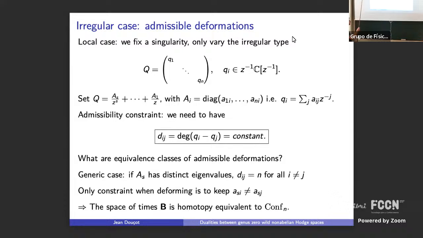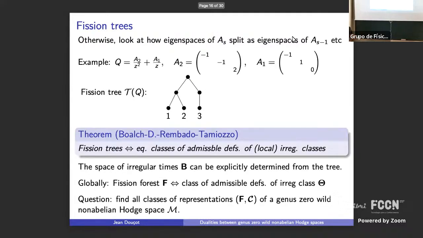Then the only constraint is that the coefficients of highest order have to remain distinct. I move them, but they can remain distinct. And the other coefficients can do really whatever. They don't contribute to the shape of the Stokes matrices. So in this case, the space of times is homotopy equivalent to the configuration of n points, where n is the rank, because the other coefficients don't count.